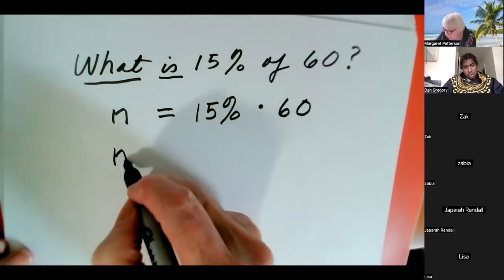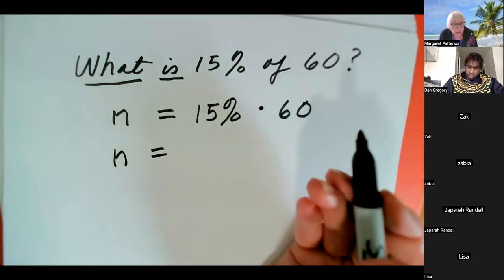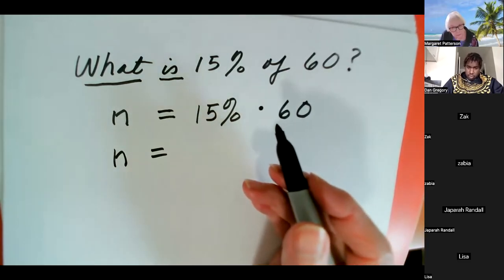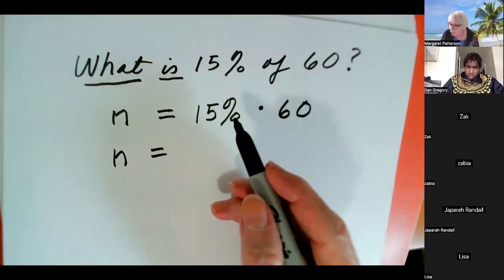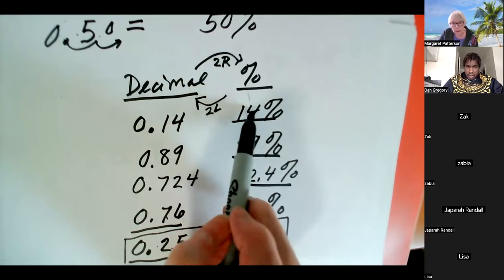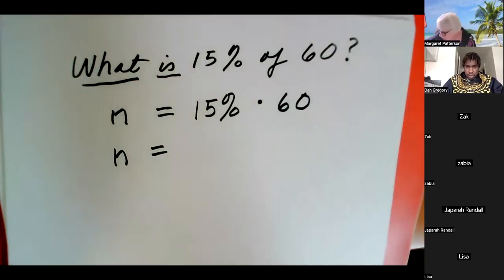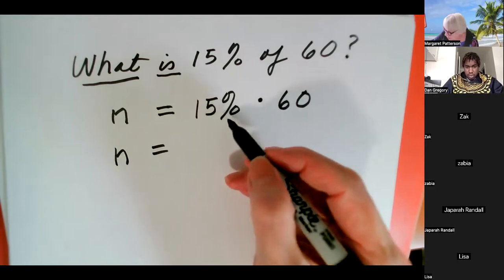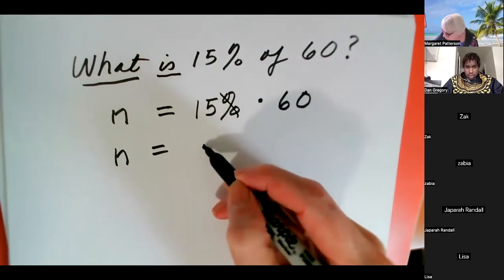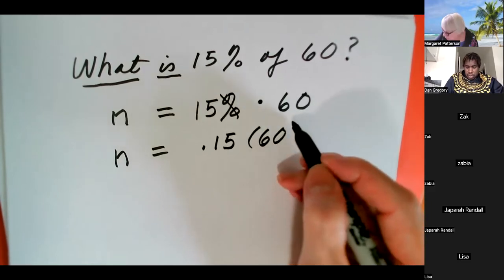15%, the word of between 2 numbers is multiply. So I'm going to take this 15% and I'm going to make it a decimal. Remember how to do decimals? Move it to the left. Exactly correct. So that would be 0.15 times 60.